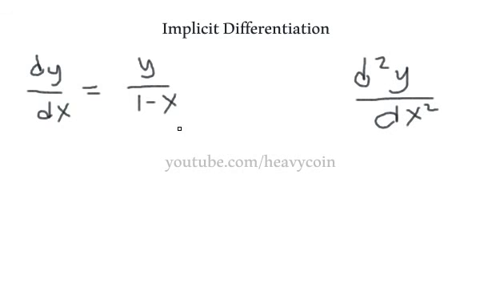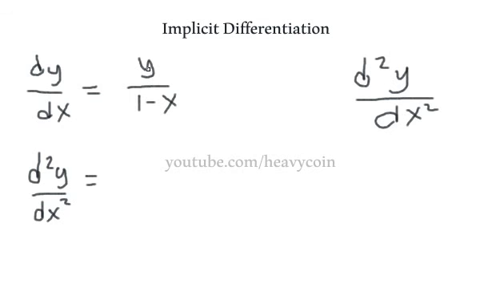Okay, that's what we're looking for. So that means we've got to take the derivative of this now. So it looks like we're going to be using the quotient rule here. So this is going to be d2y over dx squared.